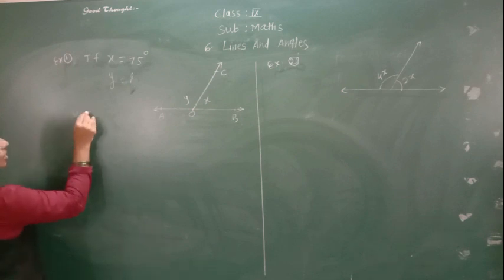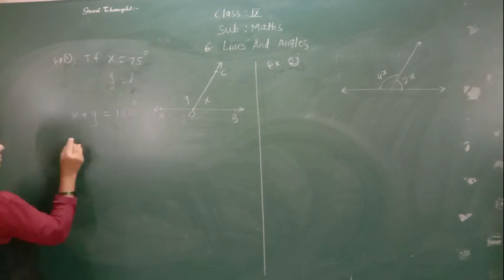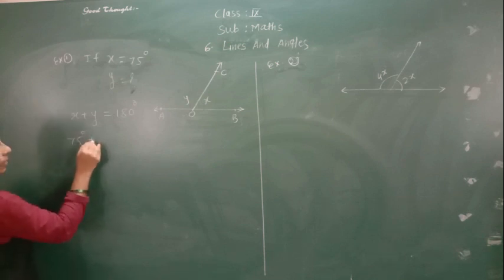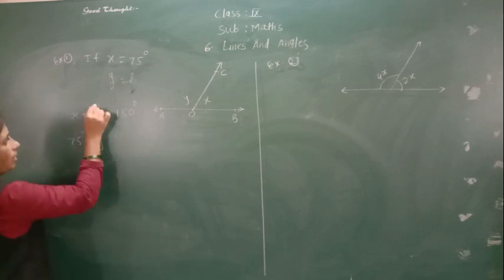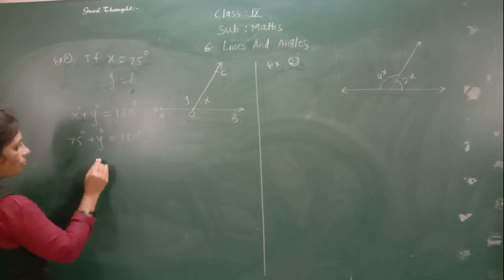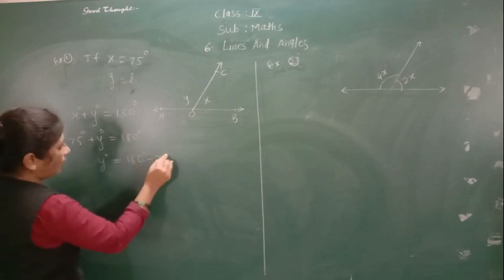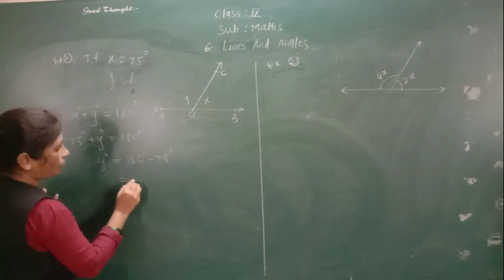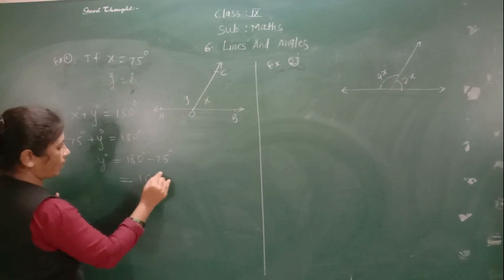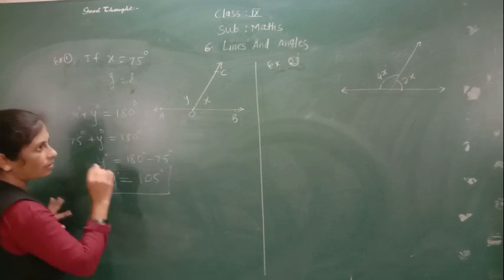So x plus y equals 180 degrees, 75 degrees plus y equals 180 degrees. So y equals 180 minus 75, so you will get 105. Understood?